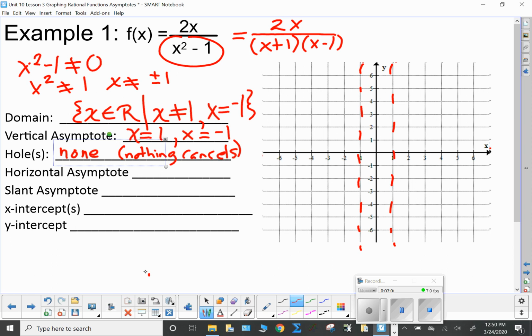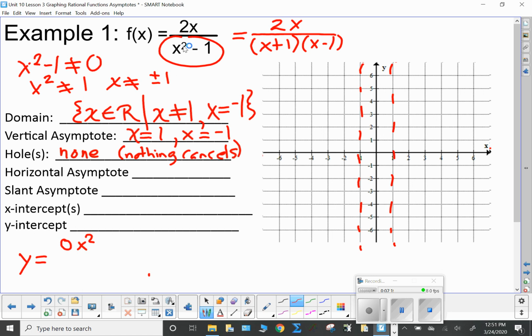Horizontal asymptote. Okay, the horizontal asymptote, that's where I set y. First, I need to look up here, and I have 2x over x squared. If they're going to be the same degree, that means I have 0 x squareds in the numerator.